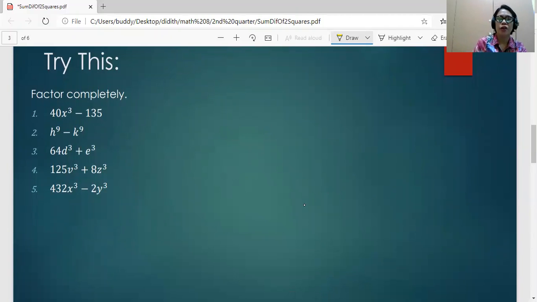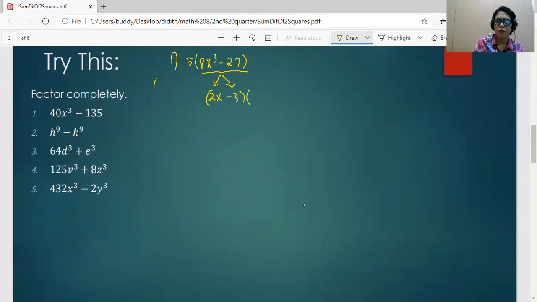Now, both terms here are not perfect cube expressions, so we have to move out the GCF. The GCF for both terms will be 5. Upon dividing both terms by 5, we'll have 8x cubed minus 27, and this factor is still factorable. So we'll have the cube root of 8x cubed, 2x, while the cube root of 27 is 3.